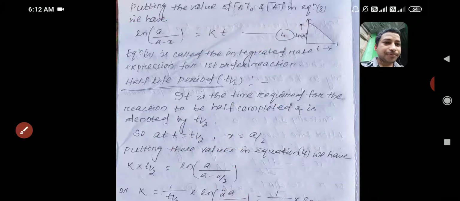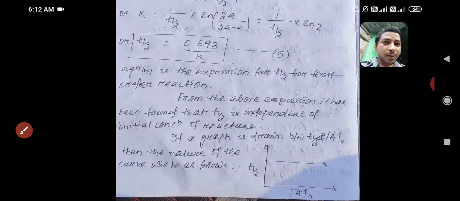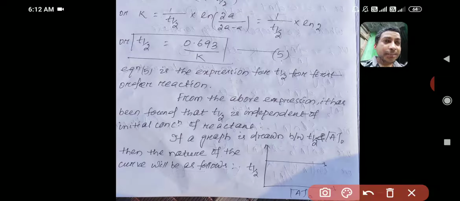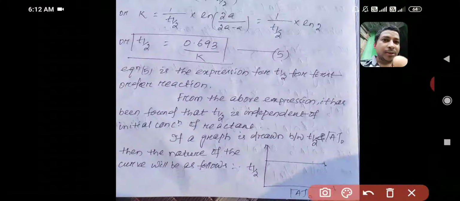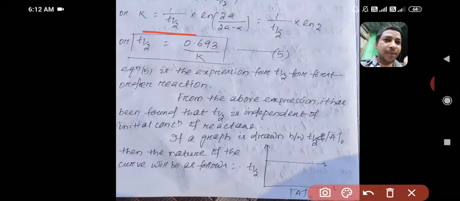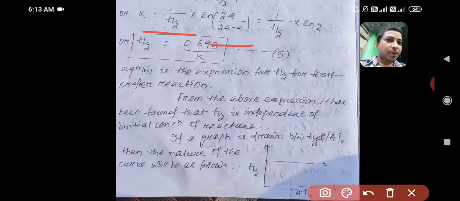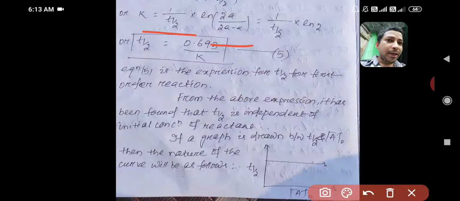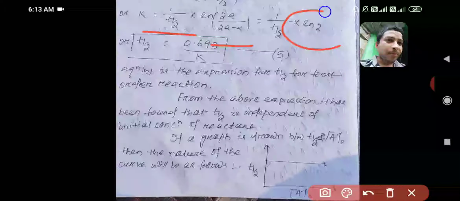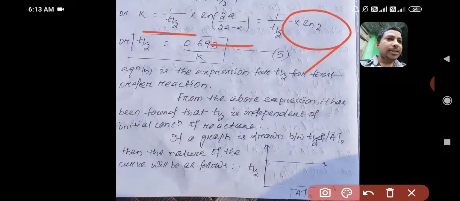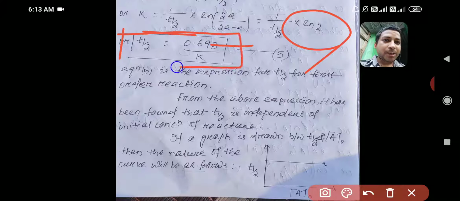Taking the LCM, we can write k is equal to 1 by t half into ln 2a by 2a minus a, which is equal to 1 by t half ln 2. The value of ln 2 is 0.693. Therefore we can write the expression for half-life period as t half is equal to 0.693 by k.